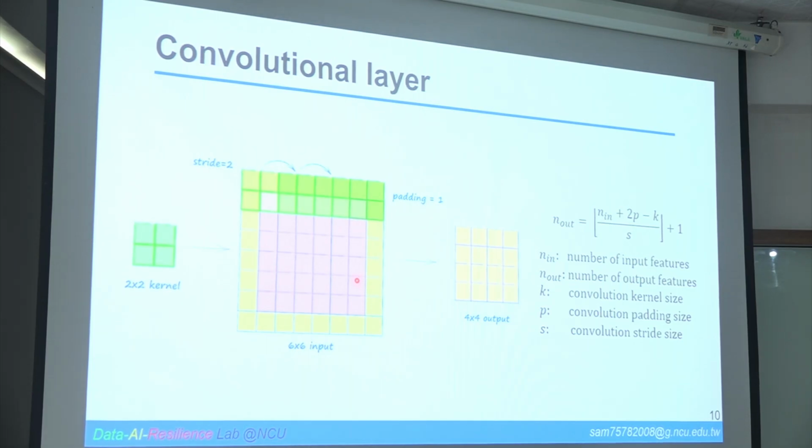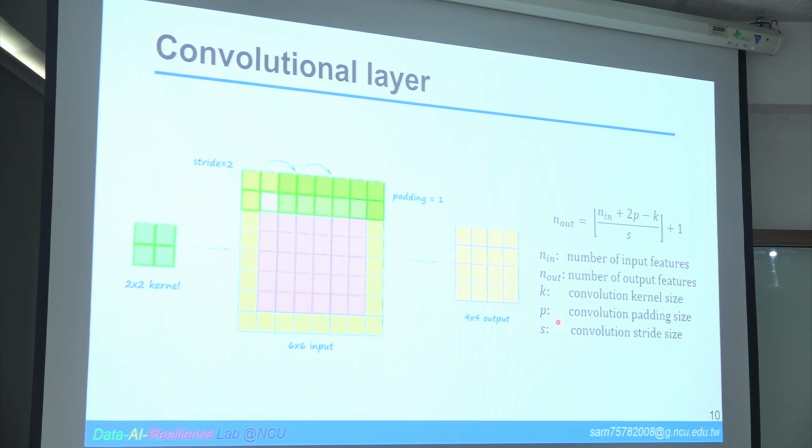That's a typical size of the images. Then your input dimension plus 2 paddings, because each side you have 1 padding, minus k, where k is the size of your kernel, and then divided by the stride size, so that you can estimate the output dimension. And don't forget to plus 1. So this will be the output dimension.